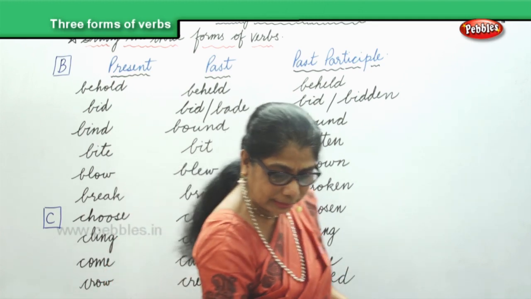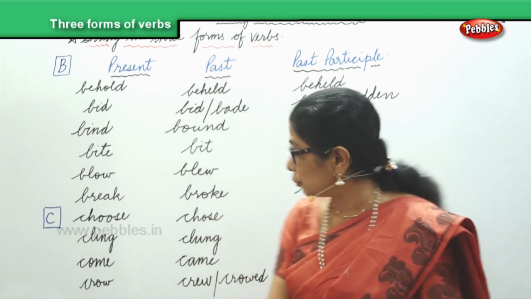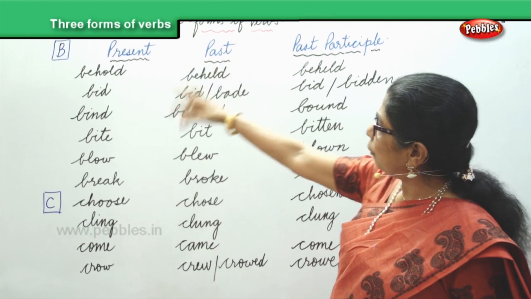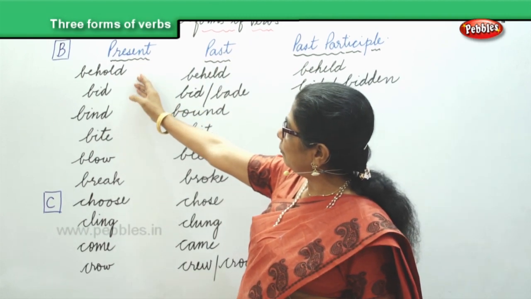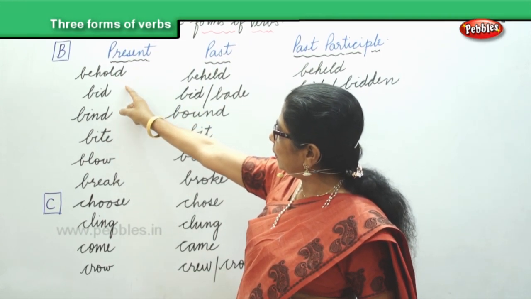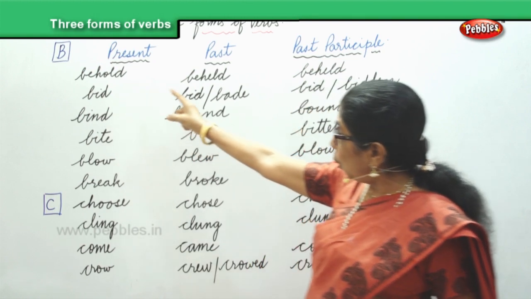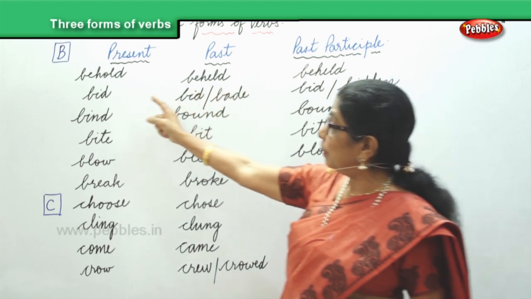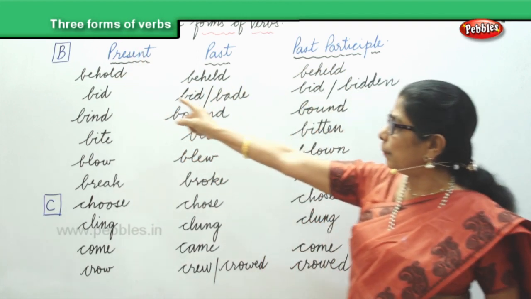Okay, now let's look at the three forms of strong verbs here. We have already done some in the alphabet A. In B we have here present, behold, beheld, and again for the past participle, beheld. Bid, you bid goodbye to someone.